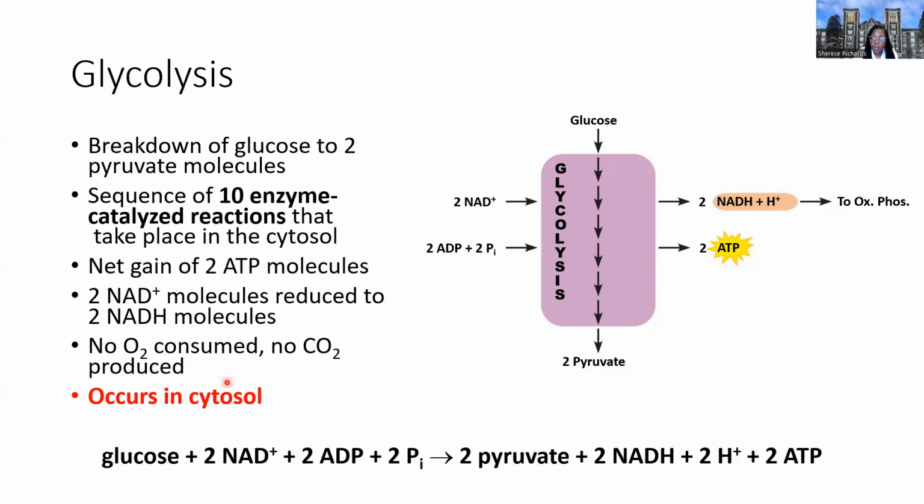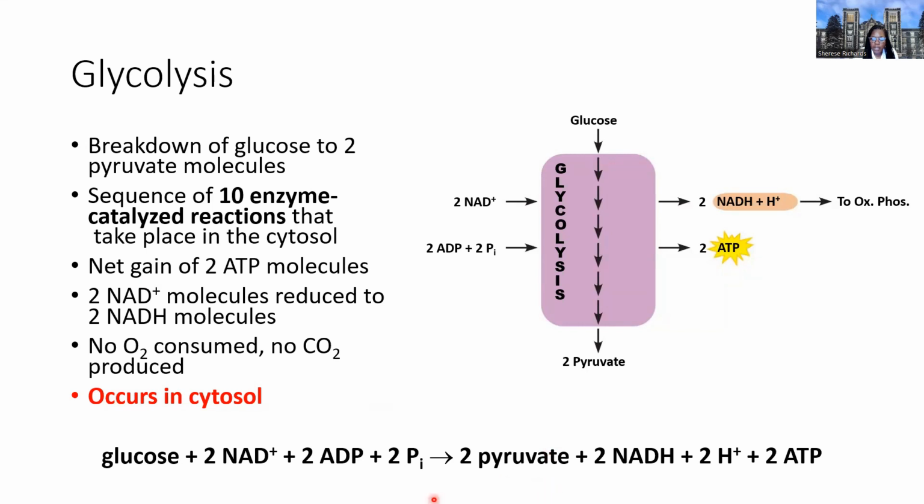Now, no oxygen is required. It's another feature that separates substrate level phosphorylation from oxidative phosphorylation. So we do not need oxygen. Glycolysis can occur in the absence of oxygen, whereas oxidative phosphorylation, as the name would imply, is reliant upon oxidation.